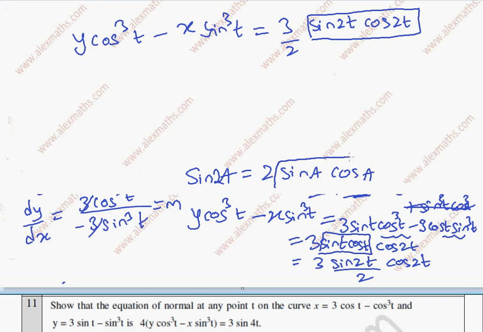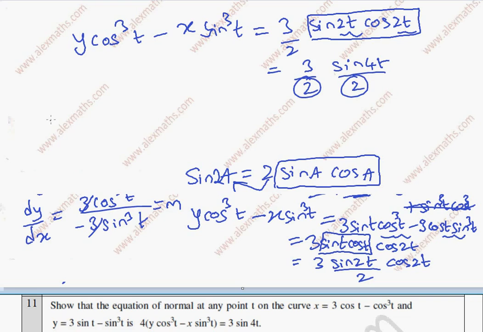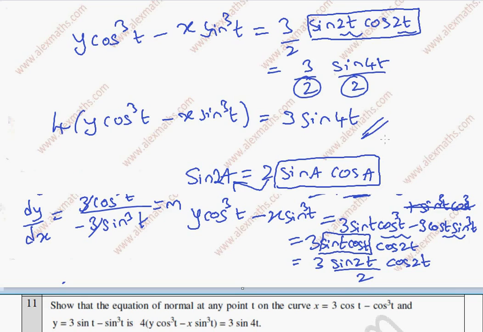So when you have only sin a and cos a, this 2 will come down. Here instead of a we have 2t. So totally this is 3 by 2 into sin 4t by 2. So this 2 into 2, 4, I'll take to the other side. So 4 into y cos cube t minus x sin cube t is going to be 3 sin 4t. So we got the proof.